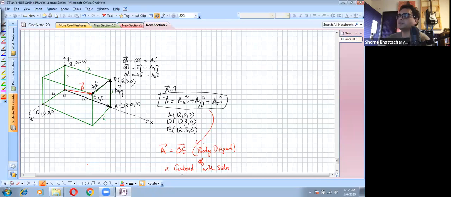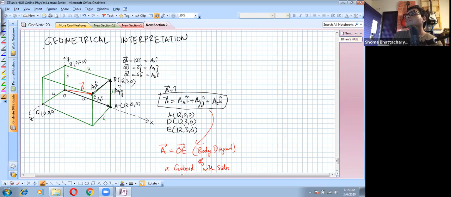Okay, so this is the geometrical interpretation of vector in 3 dimensions.